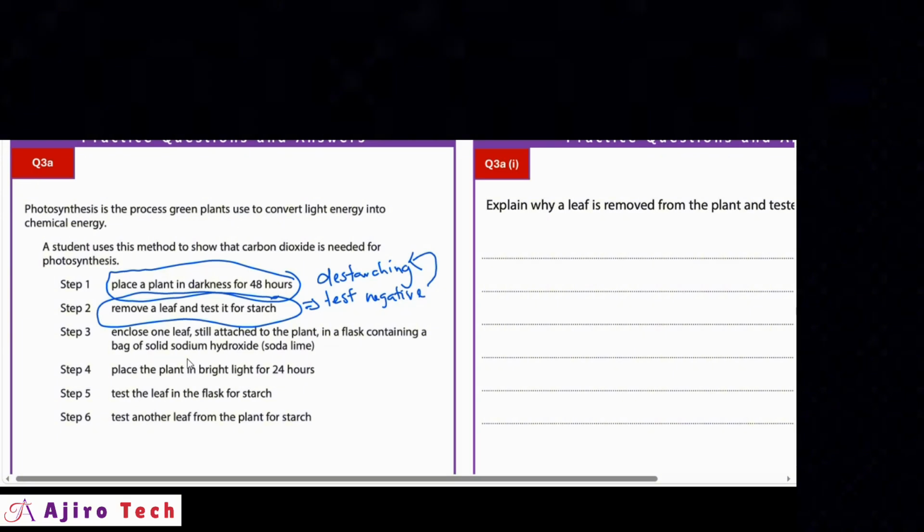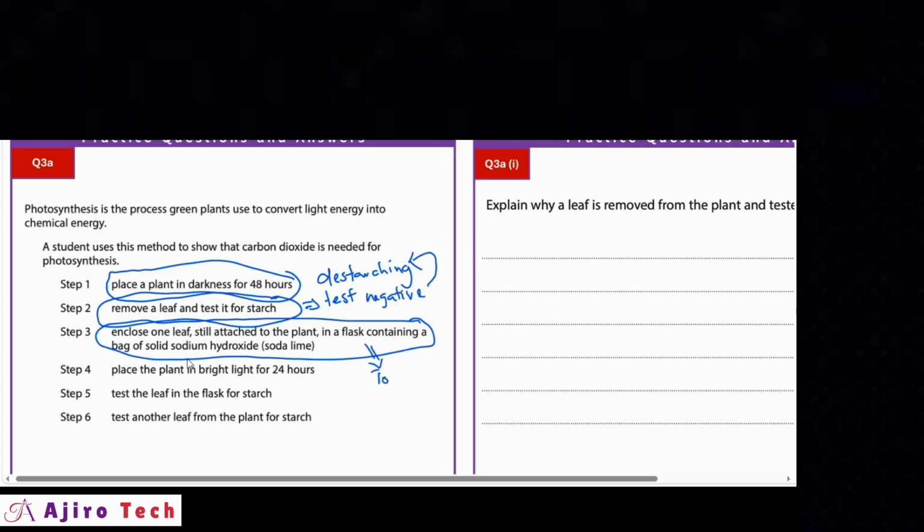Step 3 now says enclose one leaf, still attached to the plant, in a flask containing a bag of solid sodium hydroxide. Now, this is the point where we are taking carbon into consideration. In this particular step, we are removing carbon dioxide. Understand?